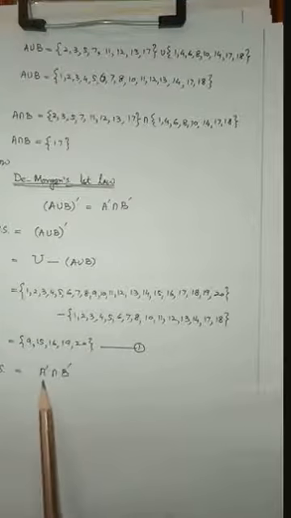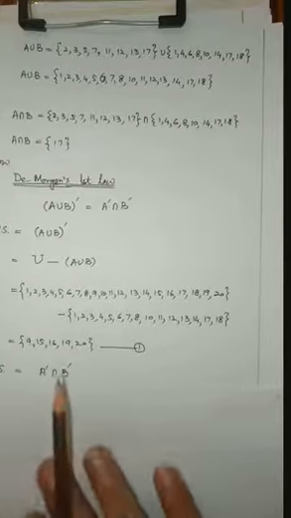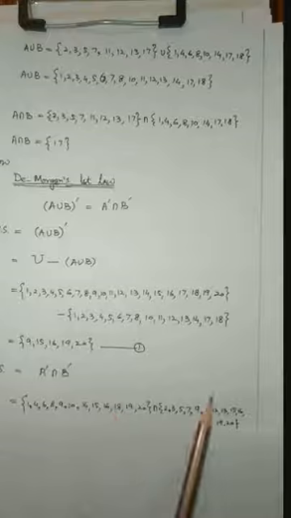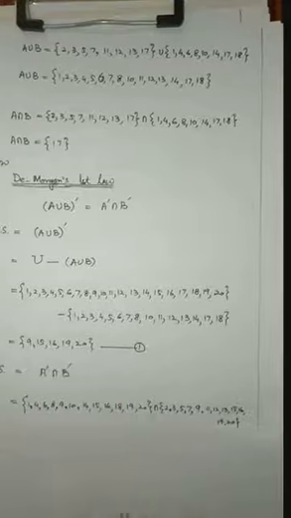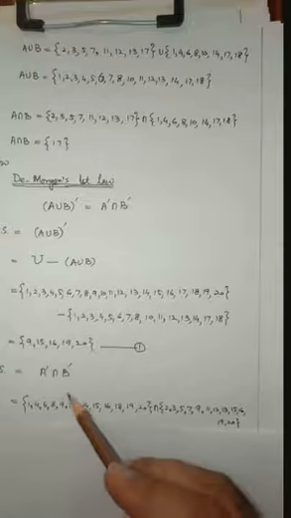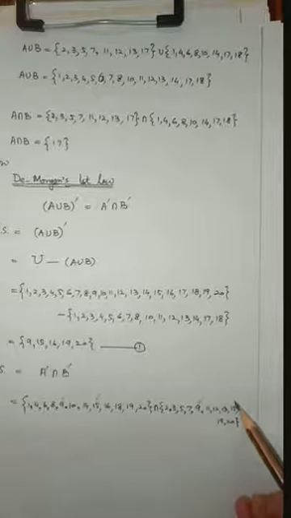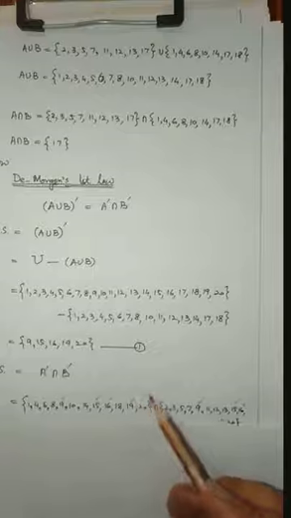Right hand side, which is A complement intersection B complement. Putting the value of A complement and B complement like this, and then we will take intersection. So the common elements between these two sets are 9, then 15, then 16, then 19 and 20.